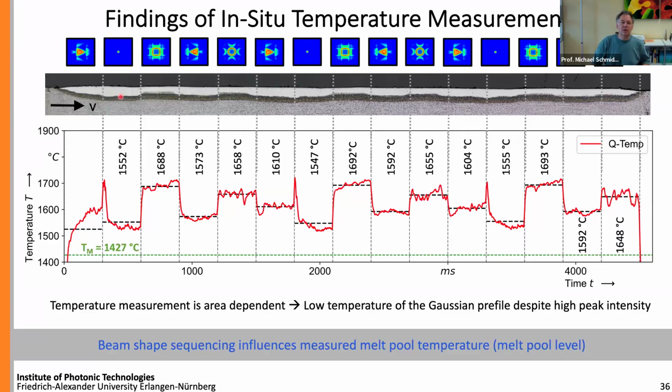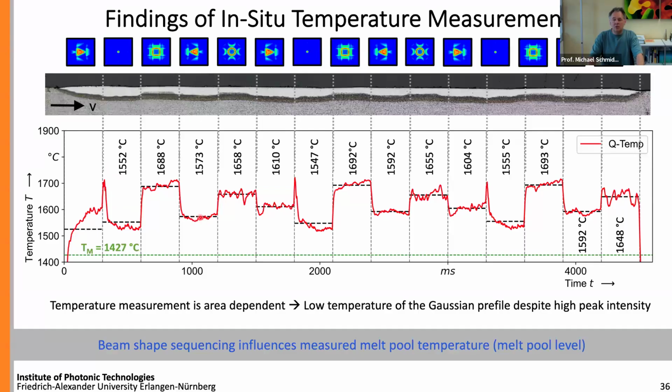And if your area is bigger than your molten pool, which happens for the Gaussian, then you get an average between the molten area and the surrounding still solid area, which is the explanation why this is not correct. So the temperatures in the molten pool area are higher than with the other ones.